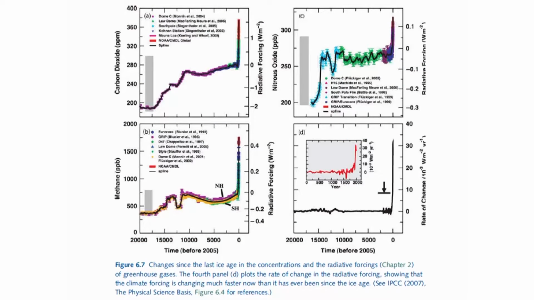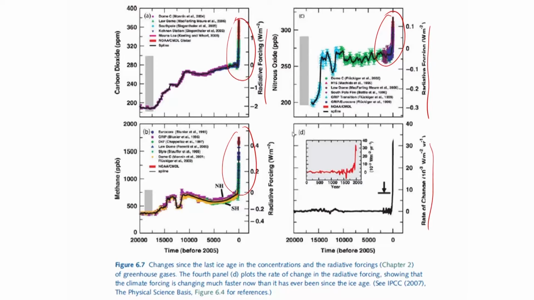Let's briefly put this together in the context again, going back to the end of the last glacial maximum. CO2, huge increase. Nitrous oxide, huge increase. Methane, huge increase. And the difference from before is that in this case we are also showing the radiative forcing, and in this case the rate of change.